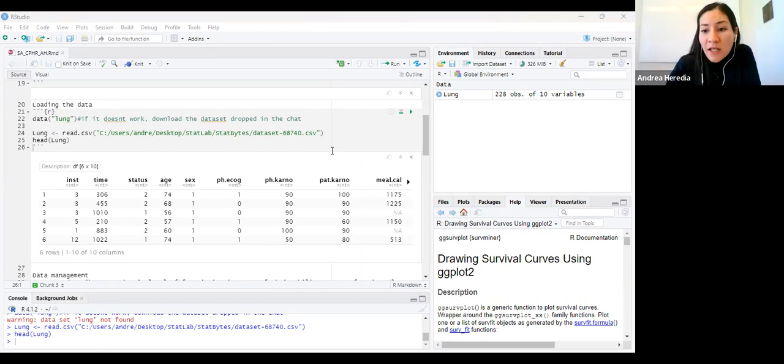And after the specified time for this presentation, I have my stat lab hours. So if you want to do a walk-in appointment and go over this demo or any other questions, you can use the link to my Zoom meeting, and then I can walk you through this.